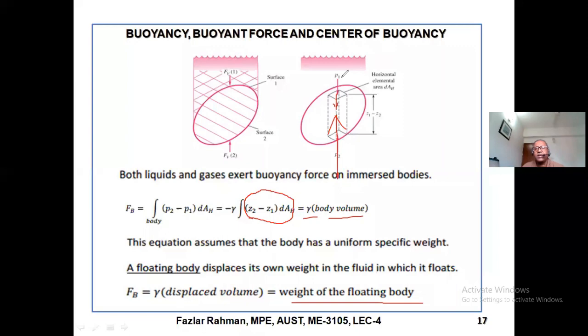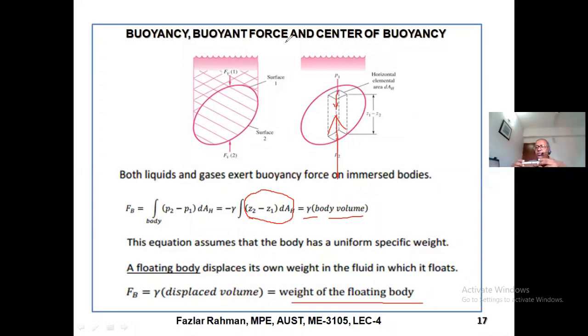If the upward force is higher than the weight of the body, then it will float at the top surface. For example, if you take something a little bit heavier, like a pen, and keep it in the water, it will sink, because of the volume of water displaced by the pen: the diameter of the pen into its length, multiplied by gamma, rho g.